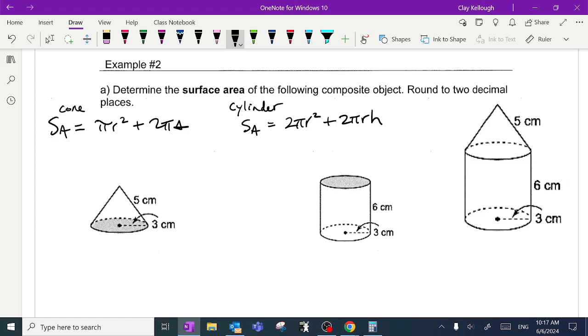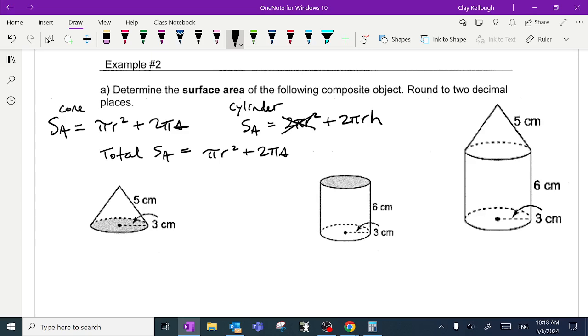So you know what I could do? There. My formula is ready to go. Total surface area is pi r squared plus 2 pi s. Oh, wait a minute, is it 2 pi s?